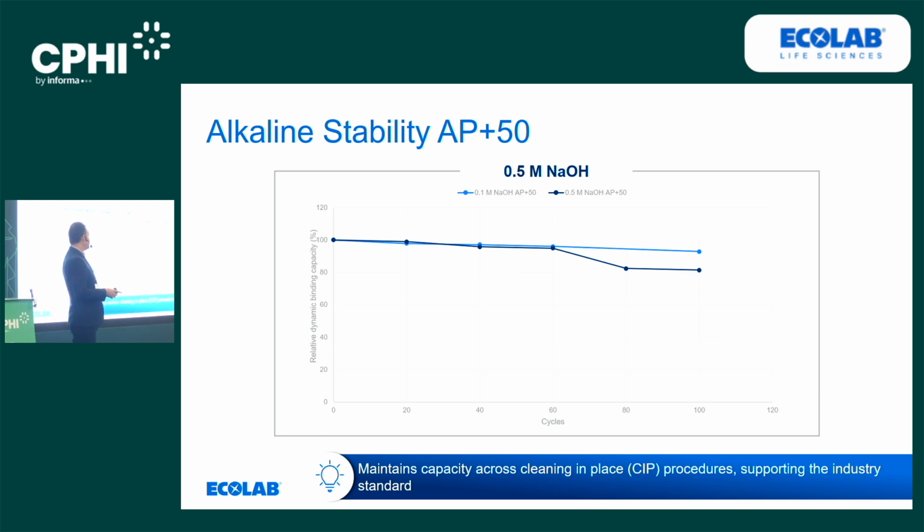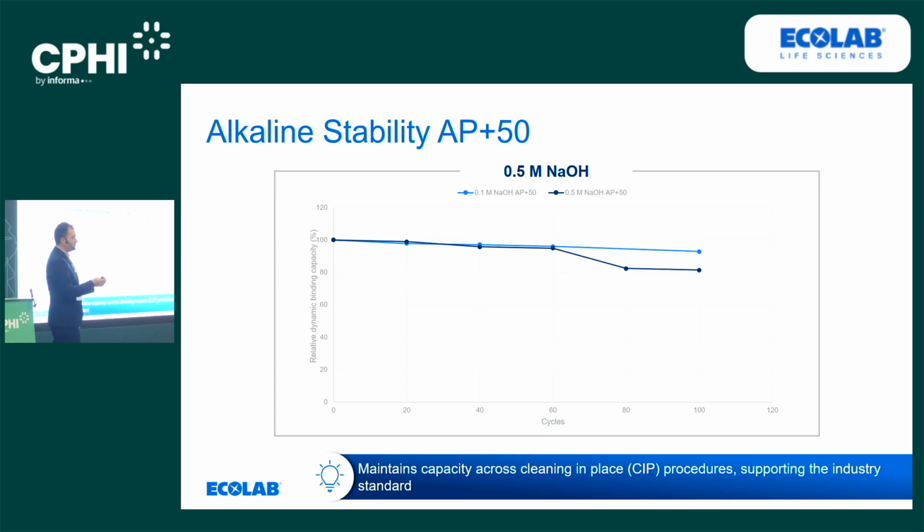So as you can see, for the stability of the ligand at 0.1 molar, we kept the resin for about 100 hours, and then the dynamic binding capacity practically didn't reduce more than 10%. So we have about 90% of the initial binding capacity even after exposing the resin and the ligand for about 100 hours in the CIP solution.